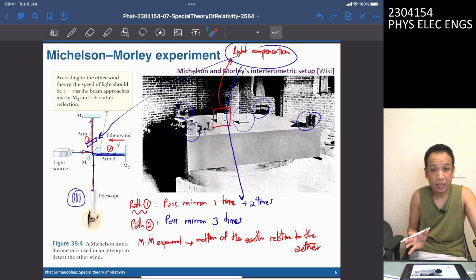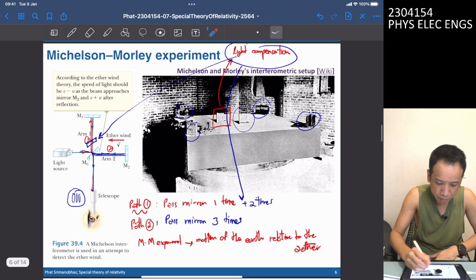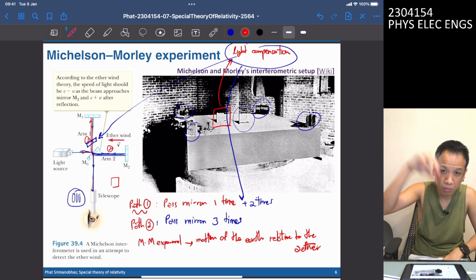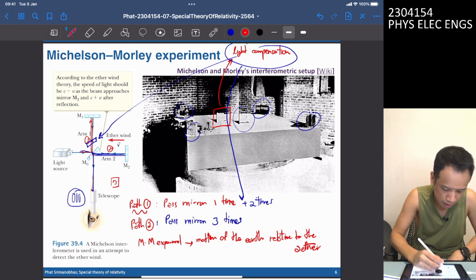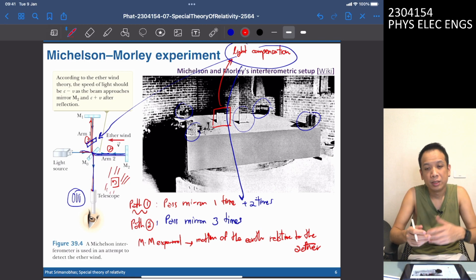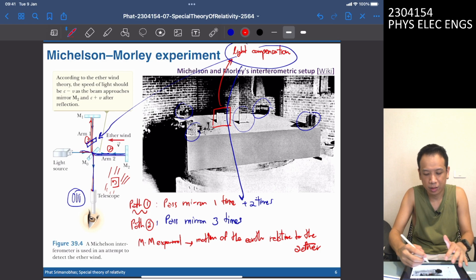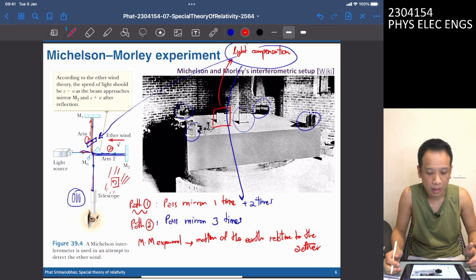They need to do the experiment in different sets depending on the orientation of the table. The first time, for example, maybe the table is in this direction. This is the top view. Then they start to rotate because they don't know which way the ether will come. They do the experiments, take notes, and take pictures, recording on film the interference fringes that they see on the telescope.